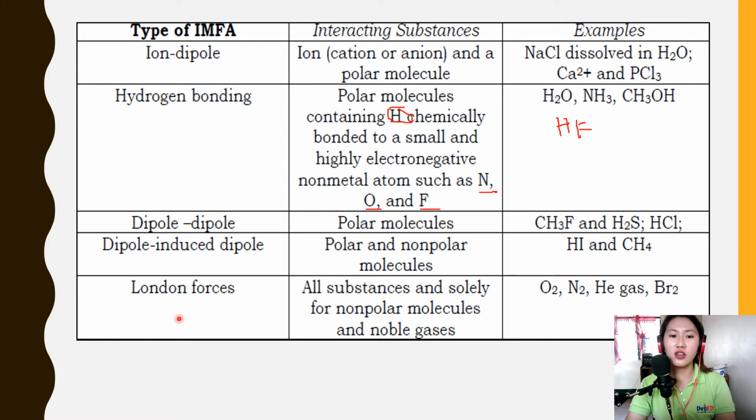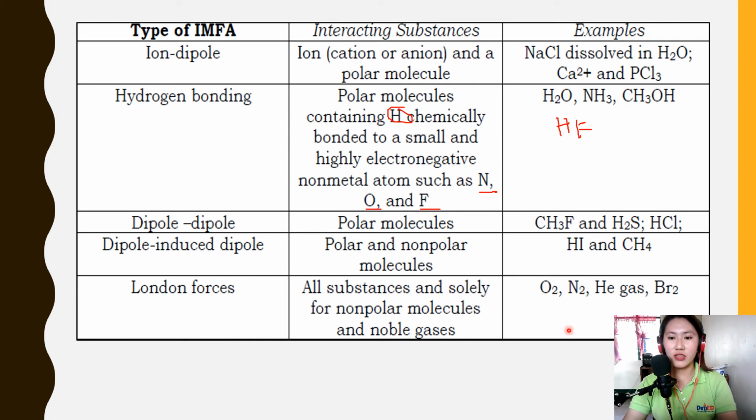Next, we have London forces. Same with dipole-induced dipole, it is an interaction between all substances and solely for non-polar molecules and noble gases. So again, at some point, the electrons of non-polar molecules move to another side, and that is the time when they are able to bond together with other molecules.